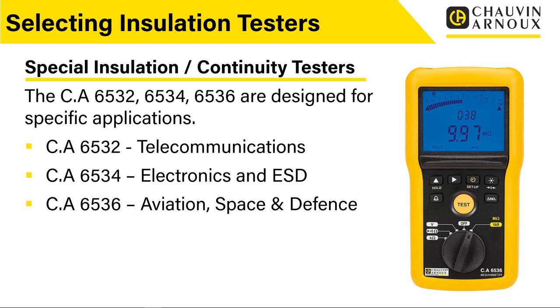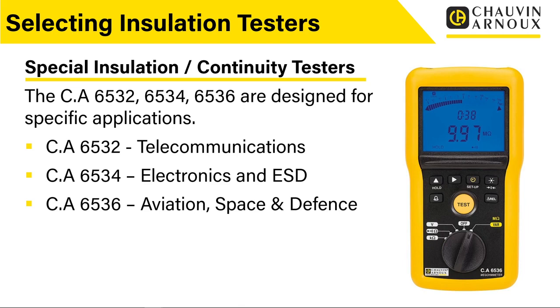And then going a little bit more specialist, we've got the 6536. The 6536 does insulation resistance testing at anywhere from 1 volt up to 100 volts, and you can select that 1 volt at a time. So if you've got a specific application where you need to do the test at 67 volts, it would do that test at exactly 67 volts, and that would be repeatable.